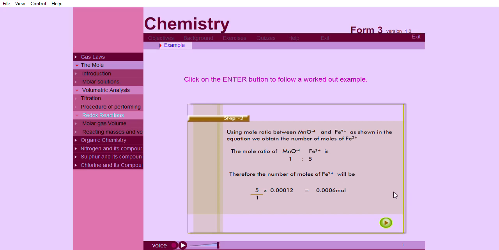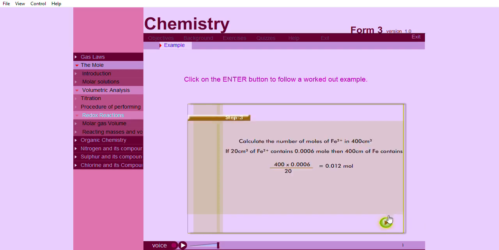Therefore, the number of moles of iron 2 ions will be 5 divided by 1 multiplied by 0.00012, which is equal to 0.0006 moles.